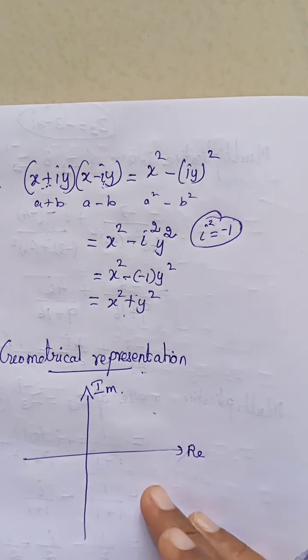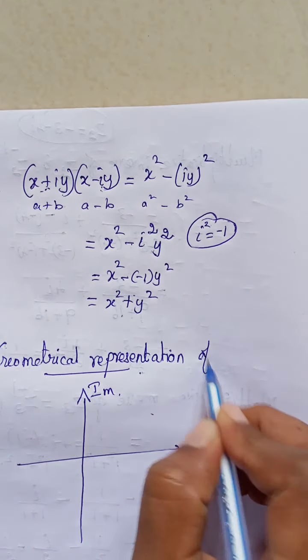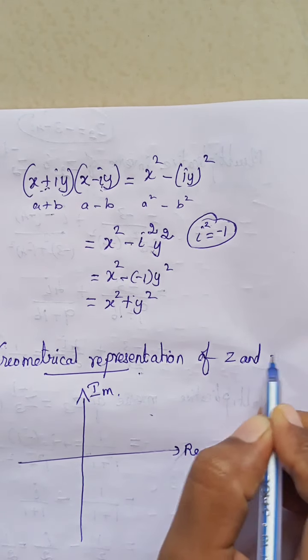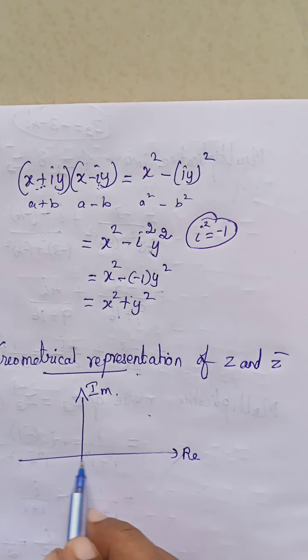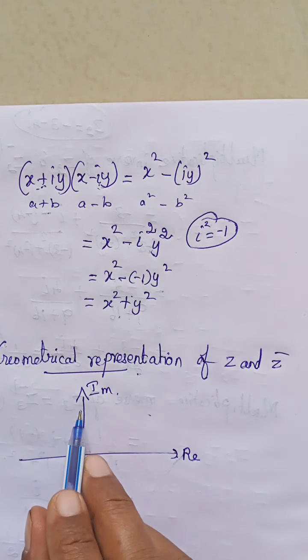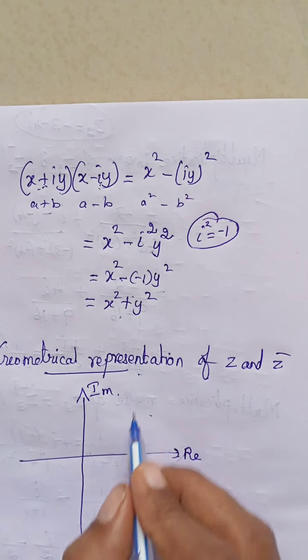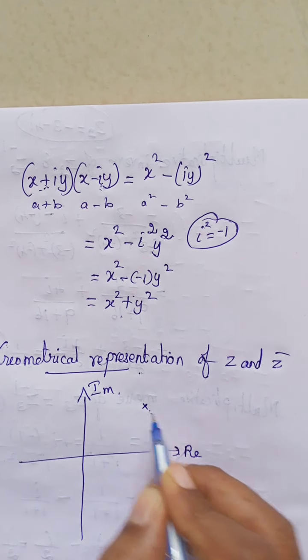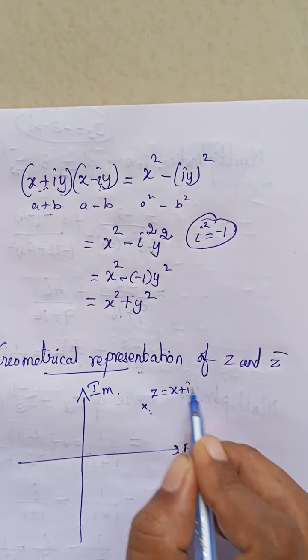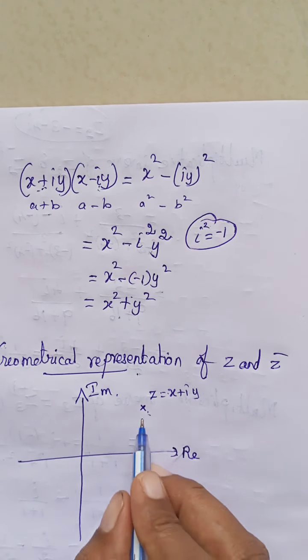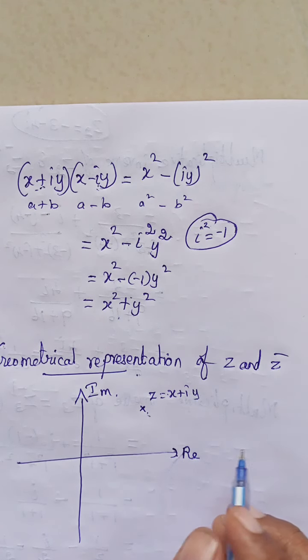Now, the geometrical representation of z and z bar. If z is equal to x plus iy, x is the real part and y is the imaginary part, isn't it? Somewhere here we may get it, that is z equals x plus iy. Because both are positive, it lies in the first quadrant.